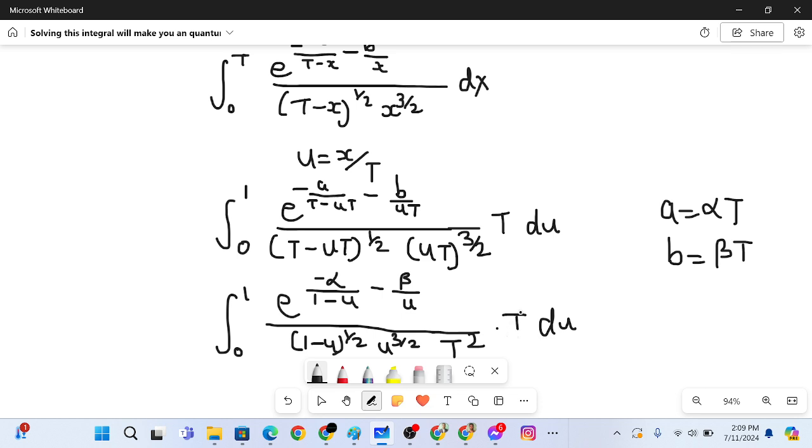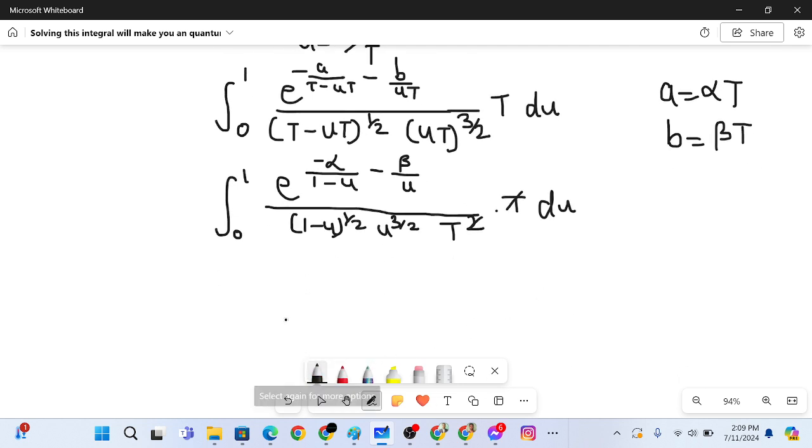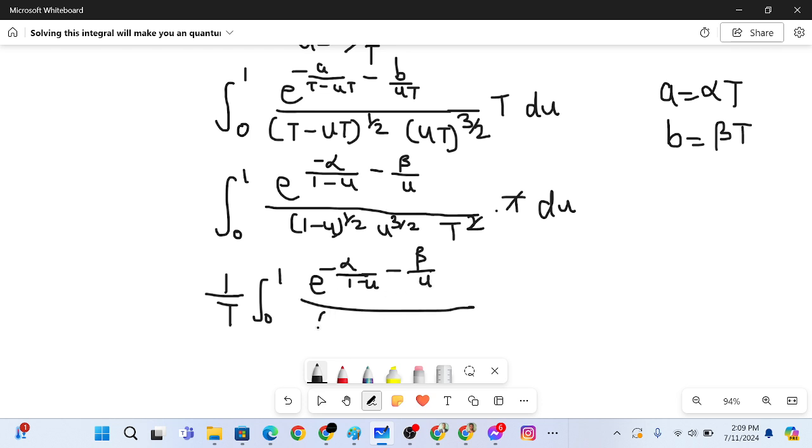Now this t and one of the t cancel out, so we have 1 by t outside. Now we get 1 by t times the integral from 0 to 1 of e to the power minus alpha by (1 minus u) minus beta by u, over (1 minus u) to the power 1 by 2 times u to the power 3 by 2, du. Okay, this is the integral.